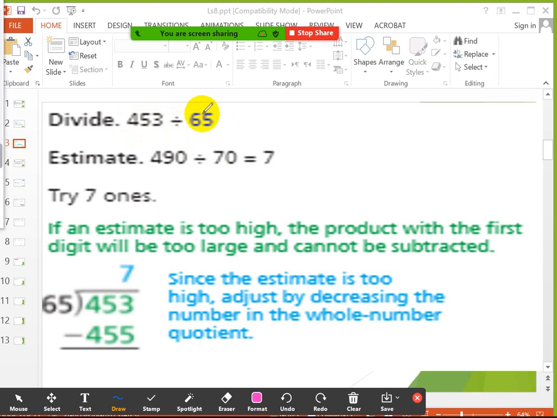Okay, first step, I will use estimate here to find the answer, or estimate, or guess. My quotient will be about any number.